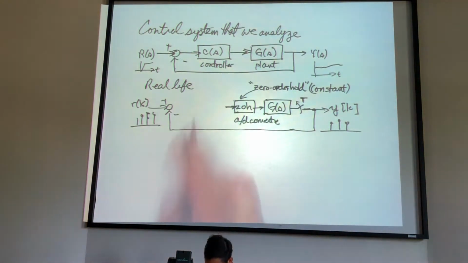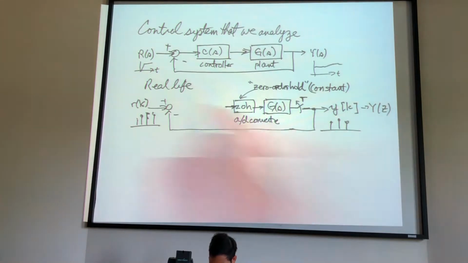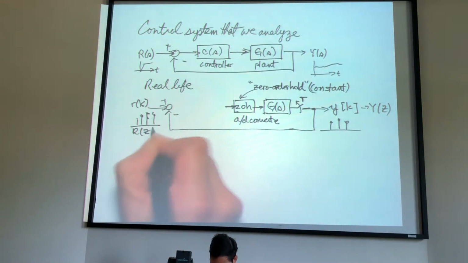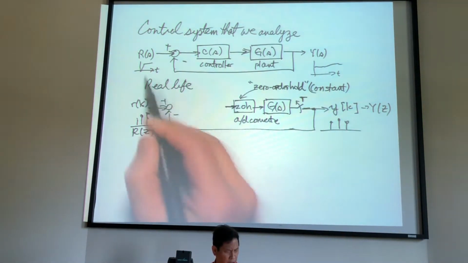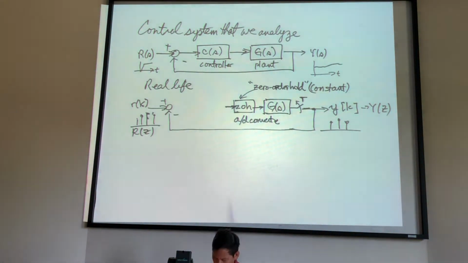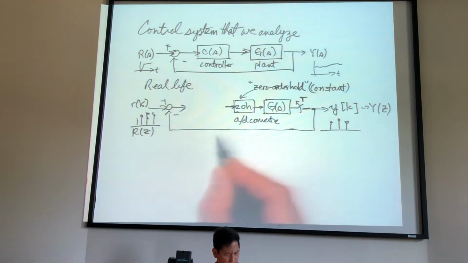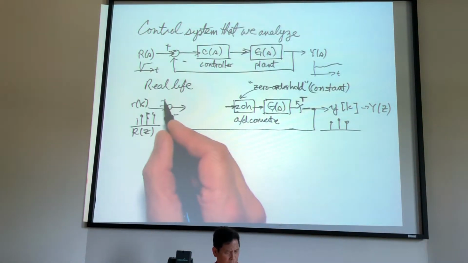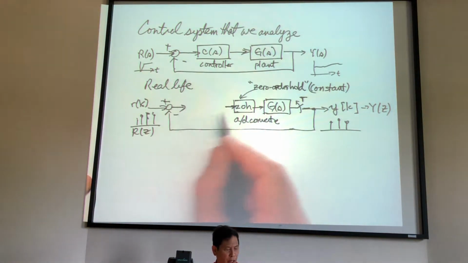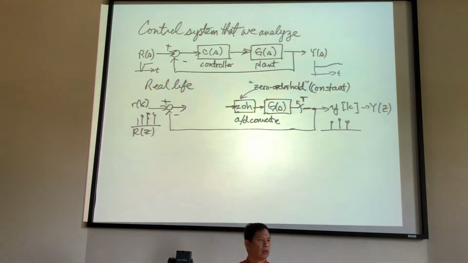All right. We would model y of k now as y of z. We would model r of k as r of z. So the notation changes. Notice that S is the domain for continuous time, Z is for discrete time. And of course, now all this information that I'm drawing here, this feedback, it's all in a digital computer now. And now I have a computer algorithm which periodically does its job. Some of you are in the 3040 lab.